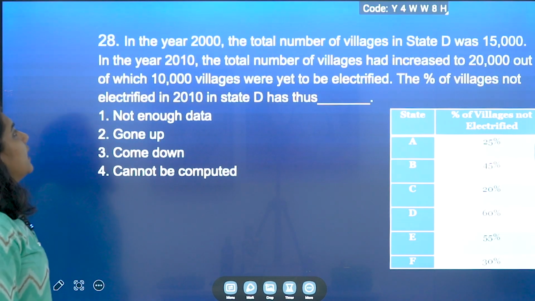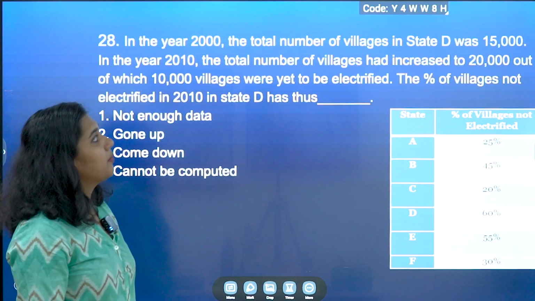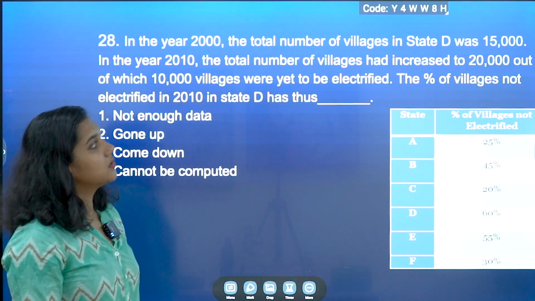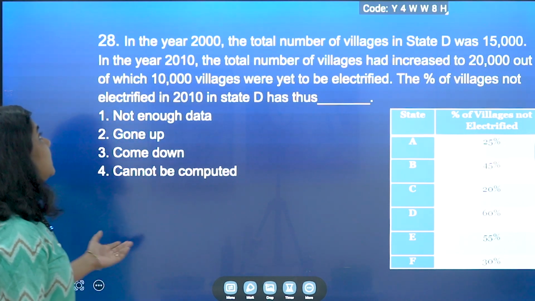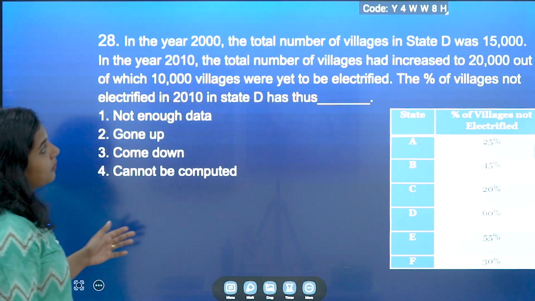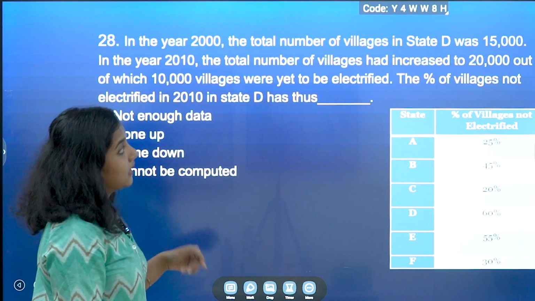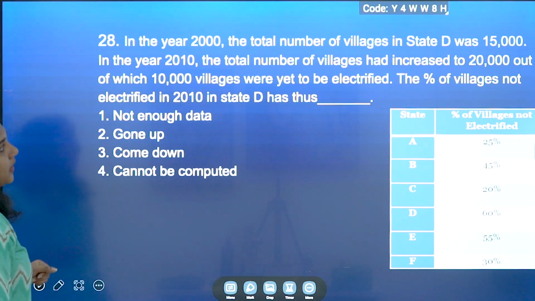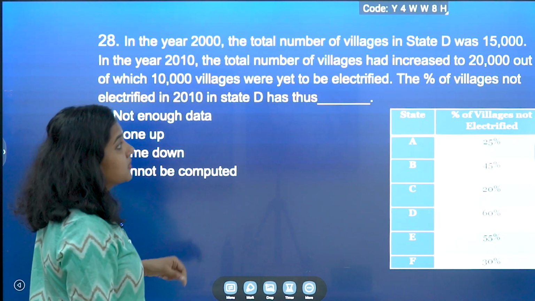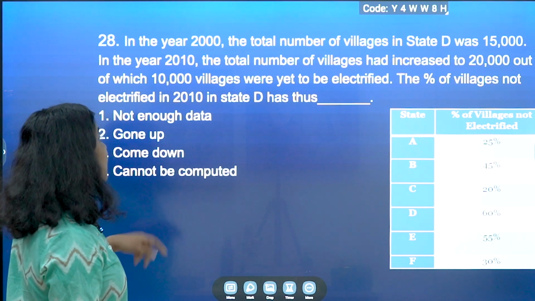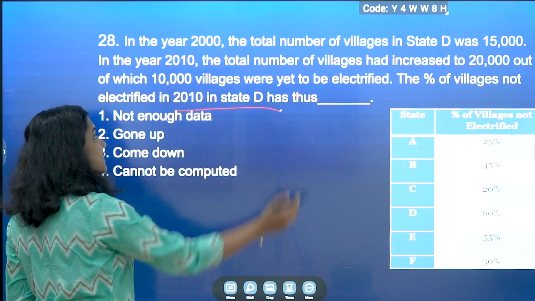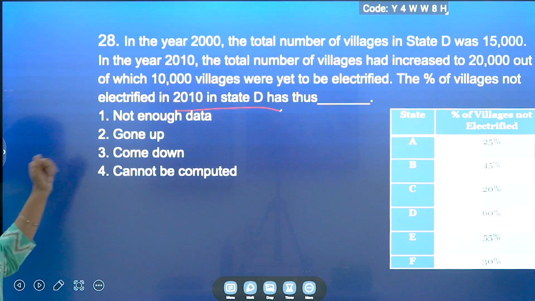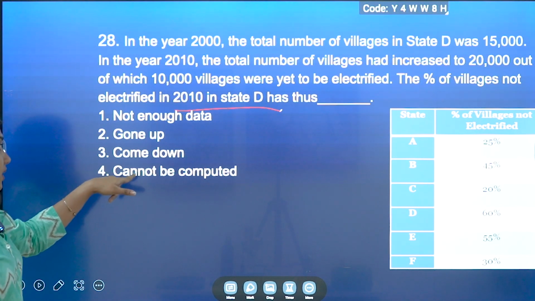In the year 2000, the total number of villages in state D was 15,000. In the year 2010, the total number of villages had increased to 20,000, out of which 10,000 villages were yet to be electrified. The percentage of villages not electrified in 2010 in state D has thus: not enough data, gone up, come down, or cannot be computed.